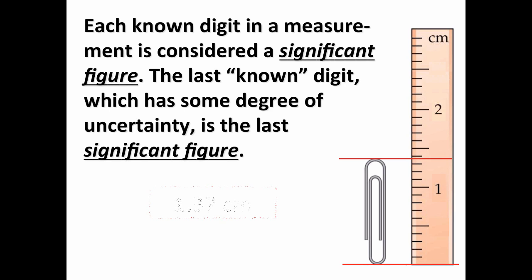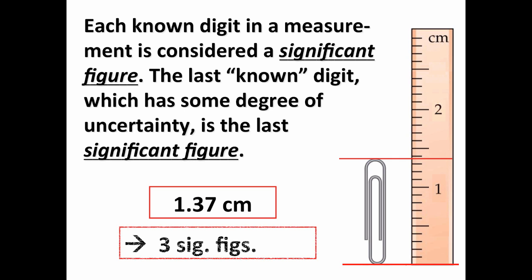So in the case of the paperclip, that would be the 7. The 1 is known for sure, the 0.3 is known for sure, and then the 7 is a little bit estimated, but it's still reasonably well known, and so we record that, and this would be a 3 significant figure number because the 1, the 3, and the 7 are all results of measurements, so they're all significant.